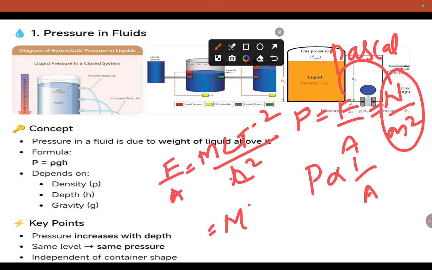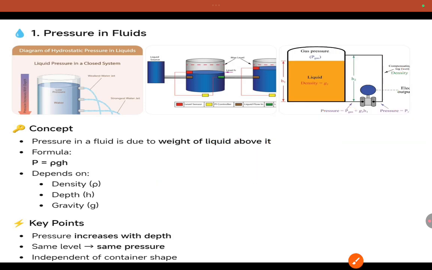So the dimension is ML to the power minus 1 T to the power minus 2. So this is about pressure. Okay, clear? So pressure is inversely proportional to area.